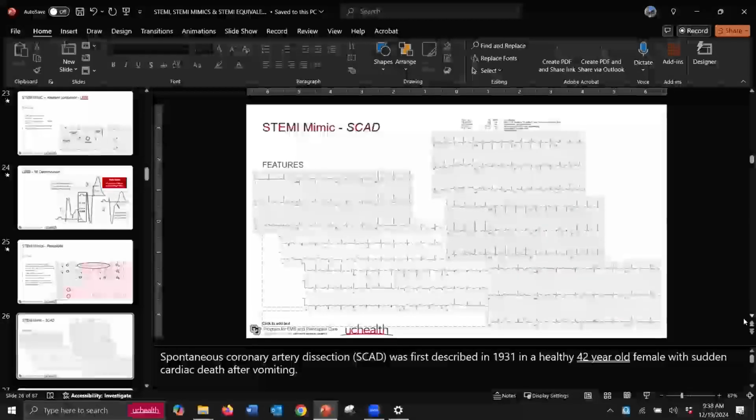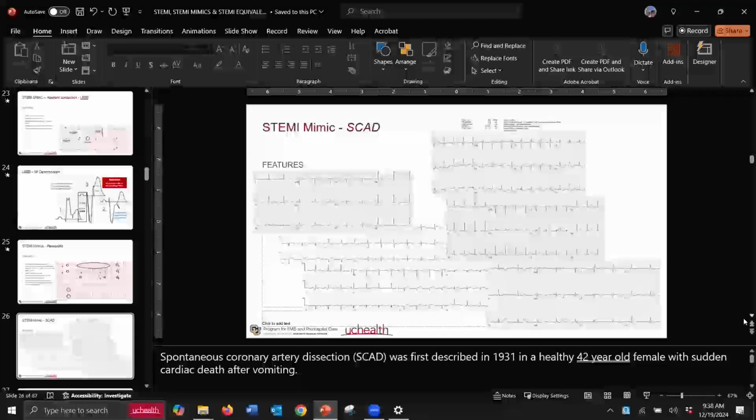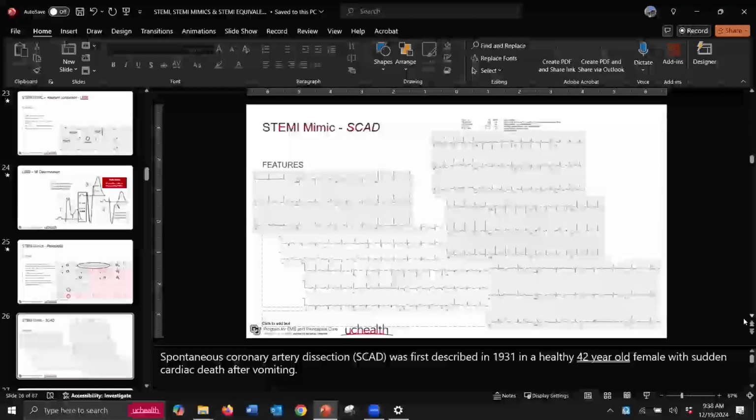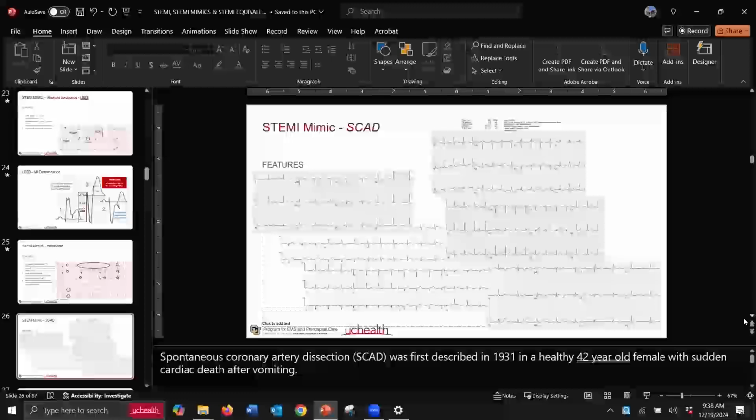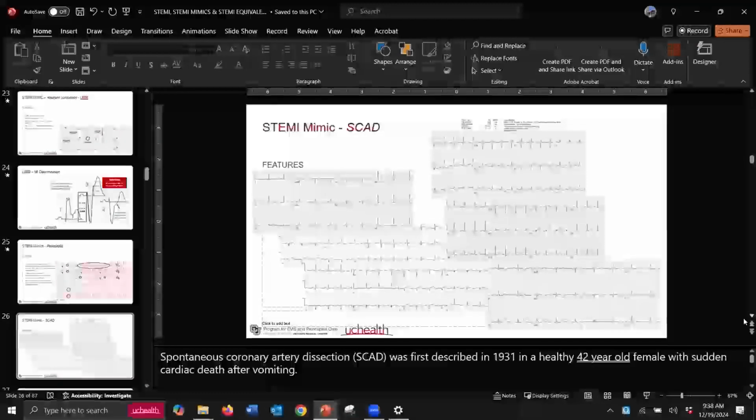SCAD. Oof. What's this one? Spontaneous coronary artery dissection. And it can really run the gamut. Typically a tearing sensation. It's typically a profound chest pain. Again, we also have to think about the creation of a pericardial effusion and a tamponade situation.